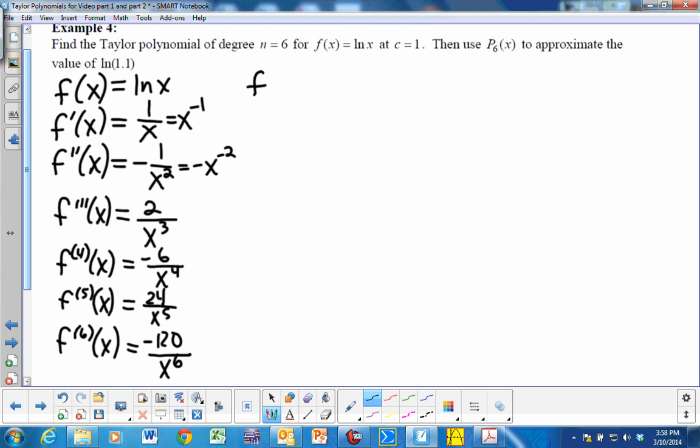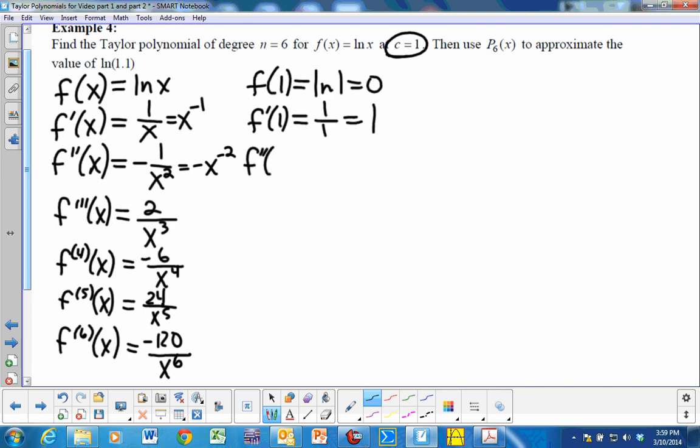Now we're supposed to do a Taylor polynomial, so now it's centered at 1. So that means we're plugging 1 in each time. So this is ln of 1, which is, of course, 0. Then you're going to plug in 1 to the next one, which is going to be 1 over 1, which is 1. And then you're going to plug in to the second derivative.